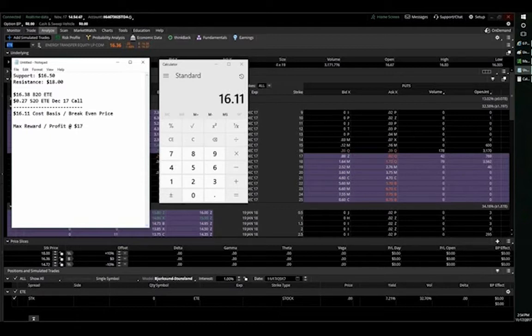Then the next piece of the puzzle, of course, is how much profit would we make? $17 minus $16.11 would give us 89 cents of profit. And we like to know what that is in a percentage. So of our cost basis, we're talking about 5.5%.